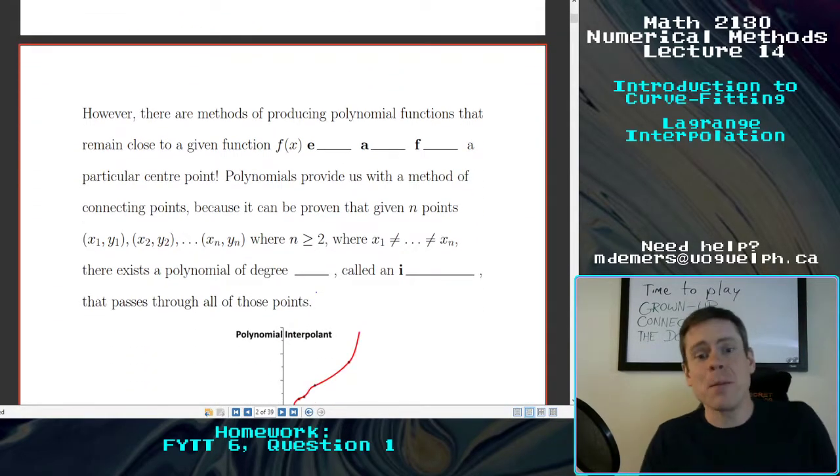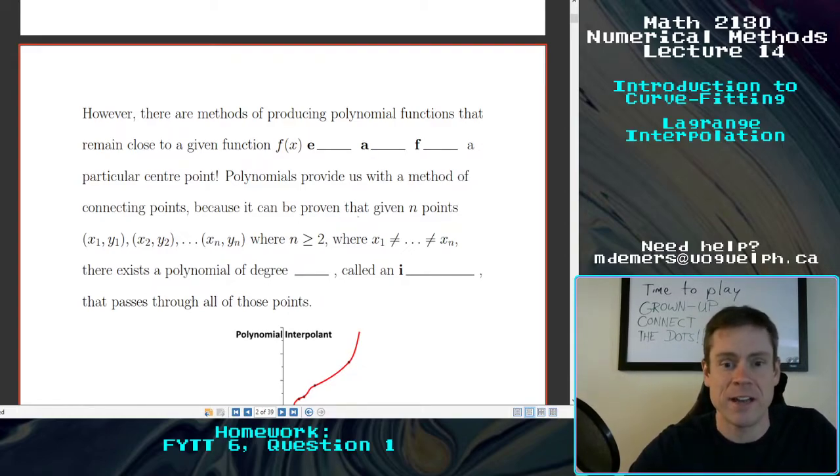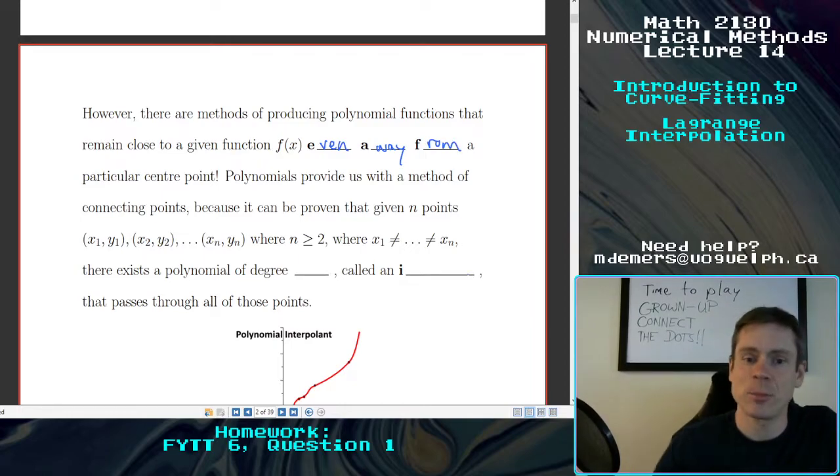But there are methods of producing polynomial functions that remain close to a given function f, even away from a particular center point.